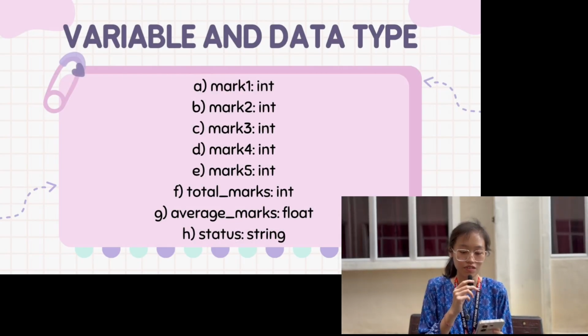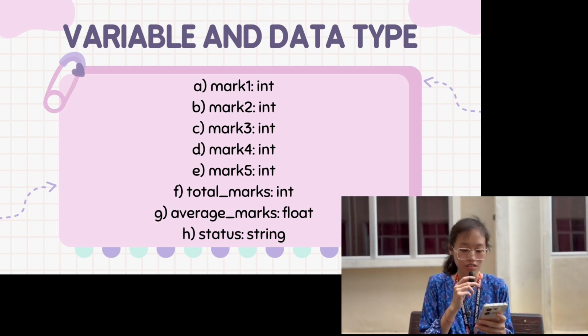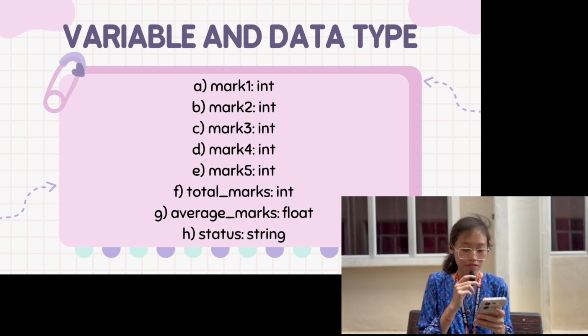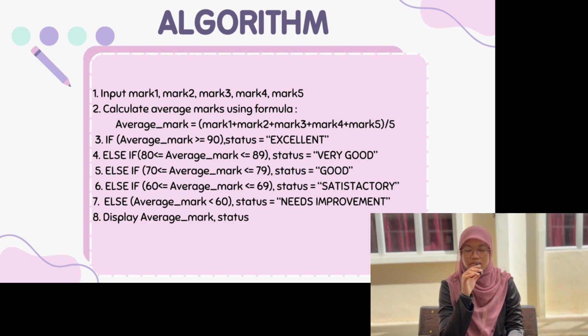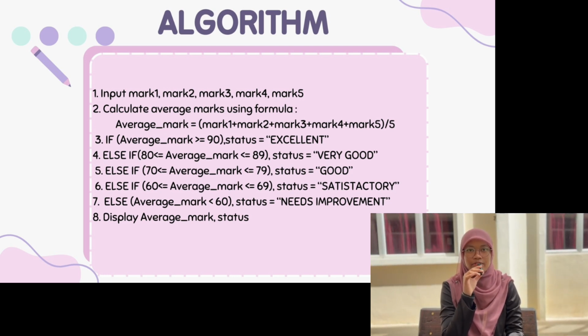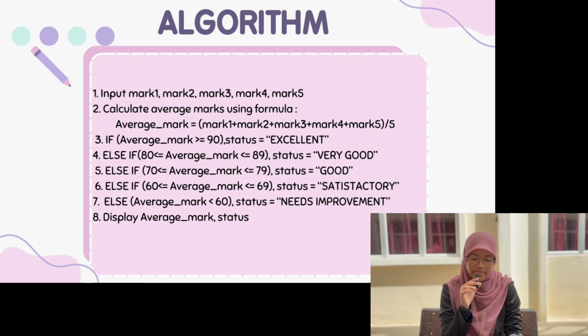And now I will explain the variable and data type. Mark 1, Mark 2, Mark 3, Mark 4, and Mark 5 are integer, and total marks is integer too. Average mark is float and status is string. For the algorithm, number 1, input Mark 1, Mark 2, Mark 3, Mark 4, and Mark 5. Number 2, calculate average mark using the formula average mark equals Mark 1 plus Mark 2 plus Mark 3 plus Mark 4 plus Mark 5 over 5.